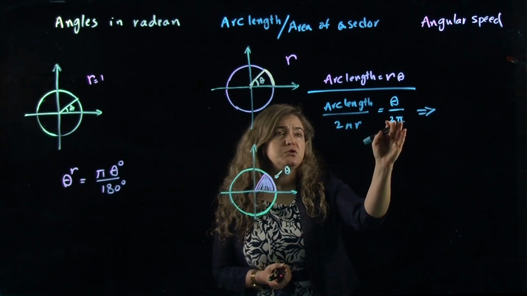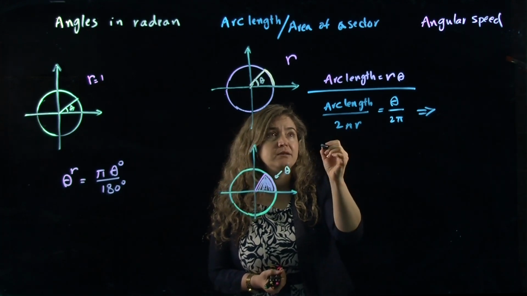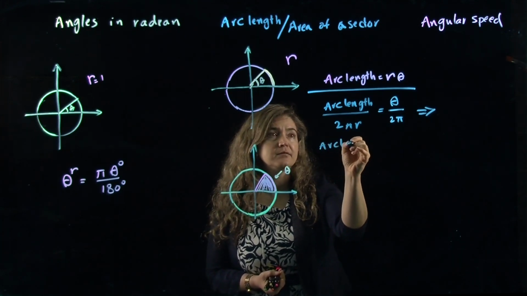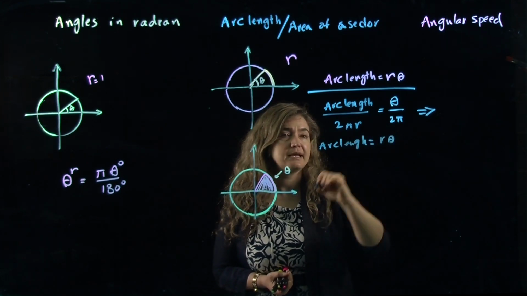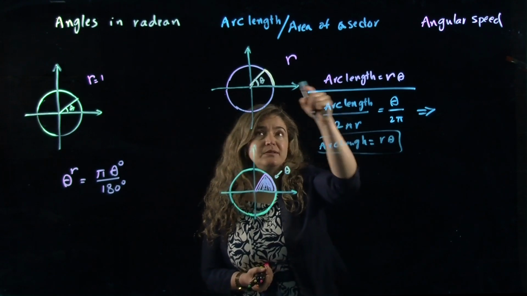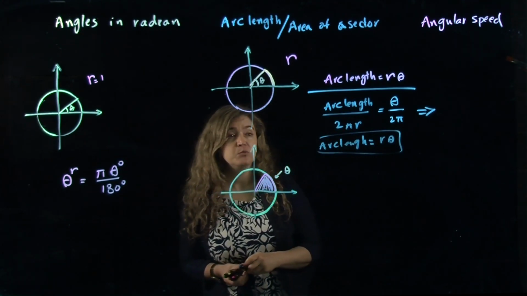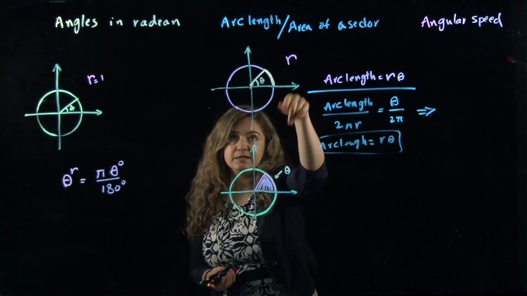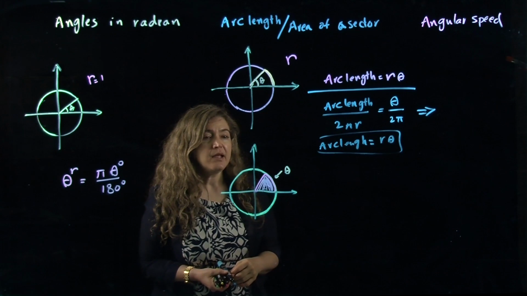And then the 2 and 2 simplify, pi and pi simplify, so you end up with arc length equal to r theta. So that was method 1 using that logic, and this is method 2 using the logic of the ratio between them.